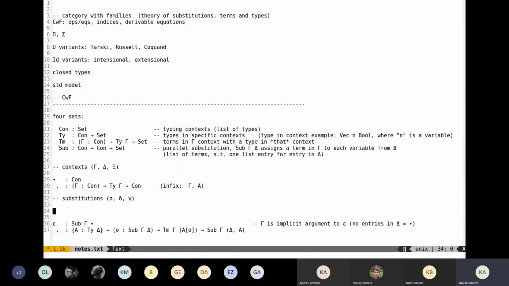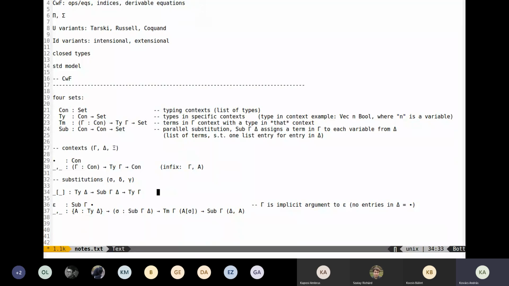But let's also introduce the type substitution, which was mentioned last time as well. So there is an operation which substitutes types. So if we have a type in delta and there is a substitution from gamma to delta, then there is a type in gamma.